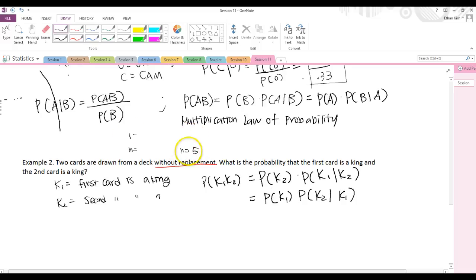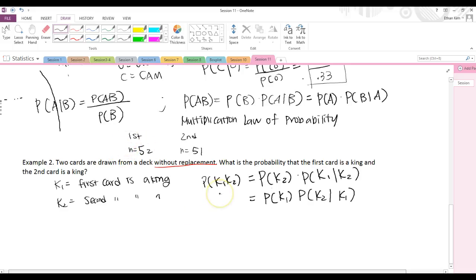In the first round, n is 52. In the second round, n is going to be 51. So this is without replacement, and this is a series, not a time, but just a sequence, right? So you would do that.